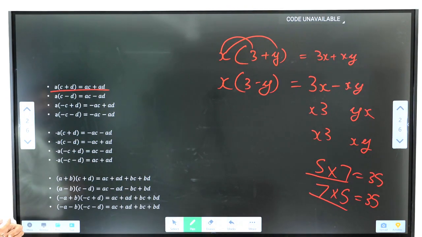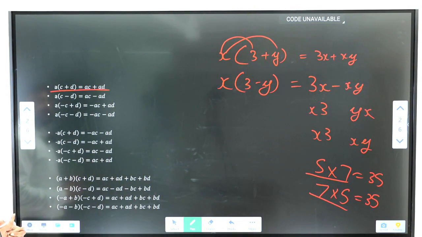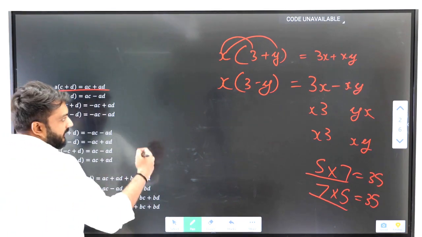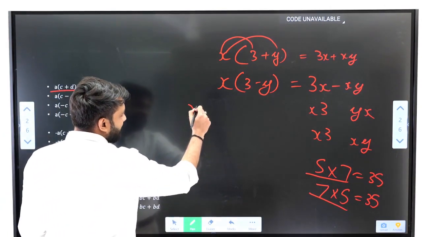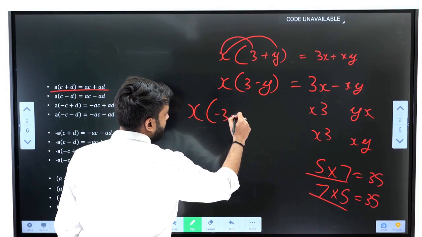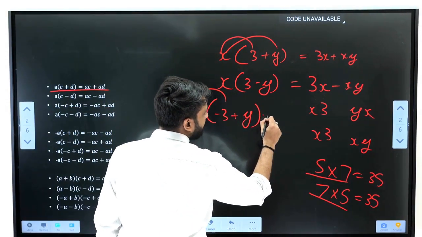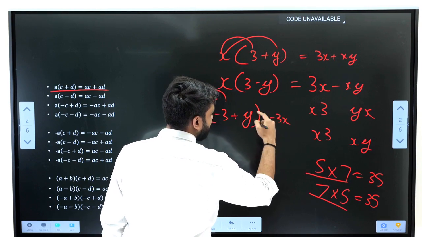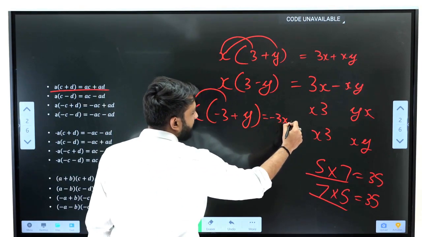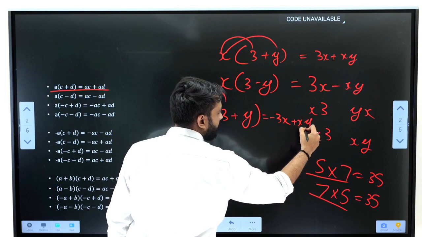Let's look at the third one. Here again there's a slight change of sign. This time the c becomes negative and the d is positive. We'll keep the numbers the same so that it's easy to understand what role the difference of sign plays. x into negative 3 this time will give you negative 3x, right? And x into a positive y will give you a positive xy.